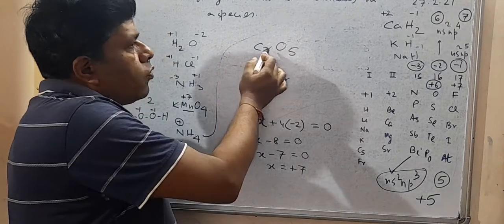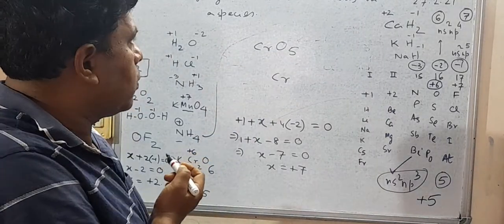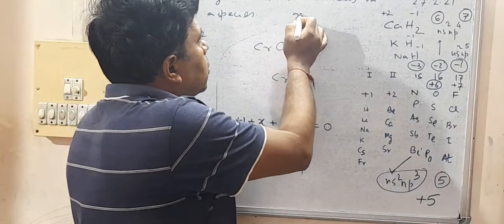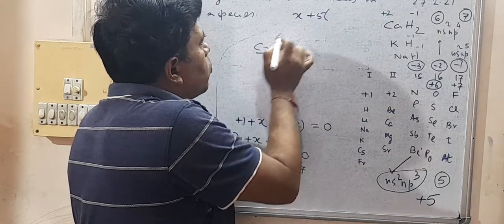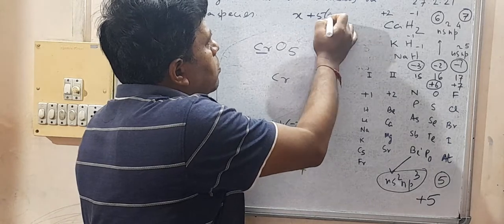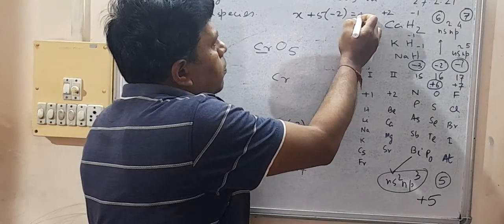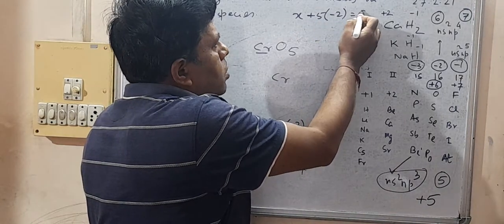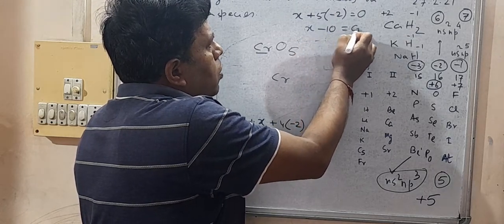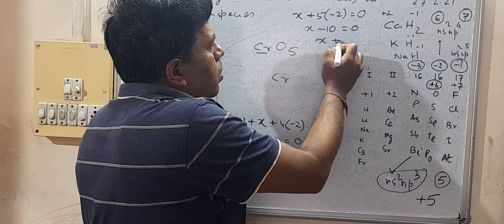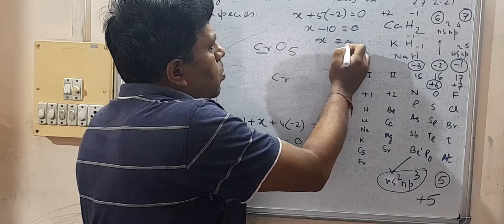Now you see, if you consider CrO5 and you are asked to find chromium, x plus 5 into oxygen, which is -2, equal to 0. So x minus 10 equal to 0, and x is coming to be +10.